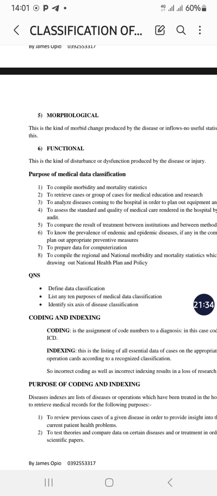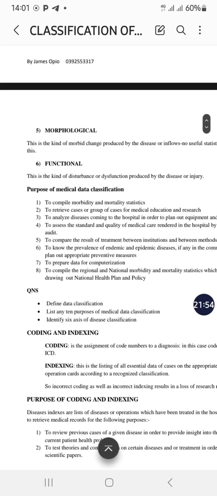Someone might have lost their mindset and are not thinking right. Someone might have lost a certain part of their body and as a result have a defect. All these can be used as examples.